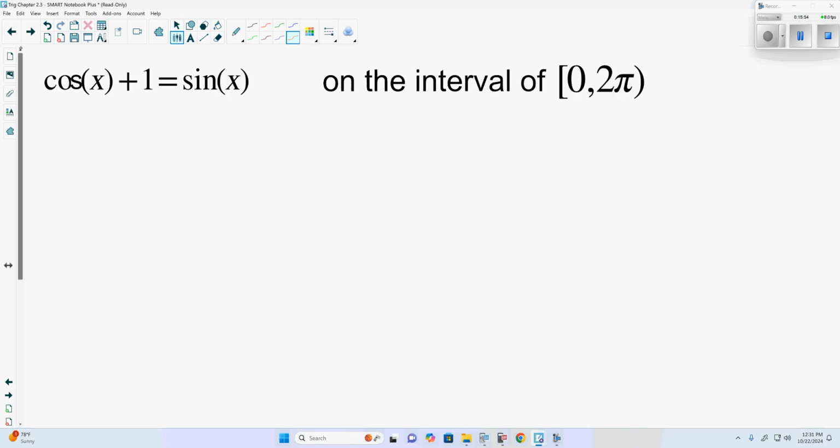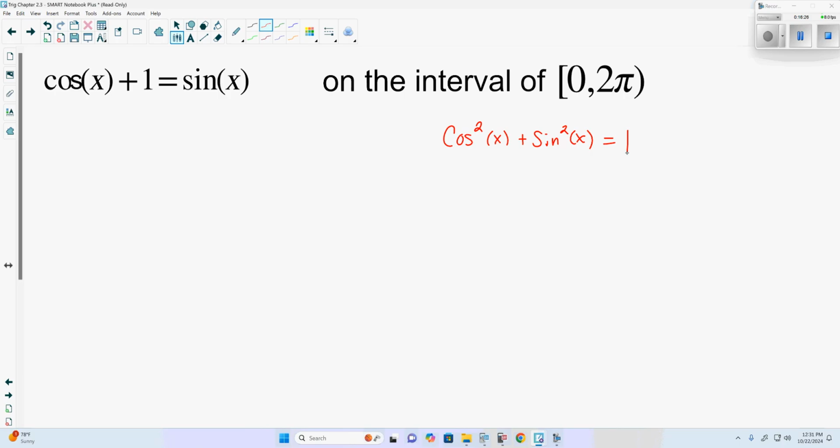And since we do have sine and cosine, our Pythagorean identity says that cosine squared plus sine squared is equal to 1. That's just the Pythagorean identity, yes? So do we have sine squared or cosine squared in our equation here? No. We need one of them to be squared for us to be able to replace one with the other, yes?